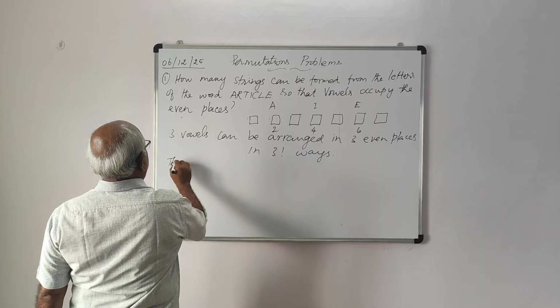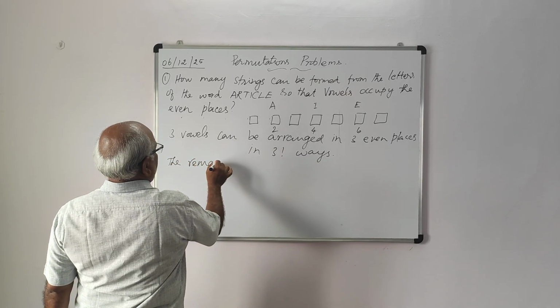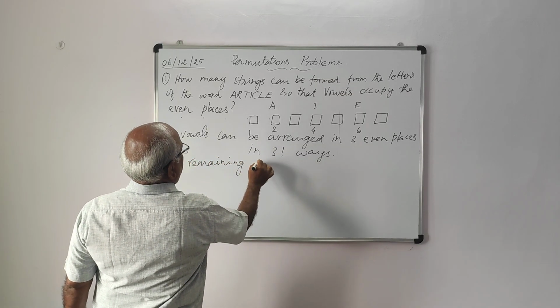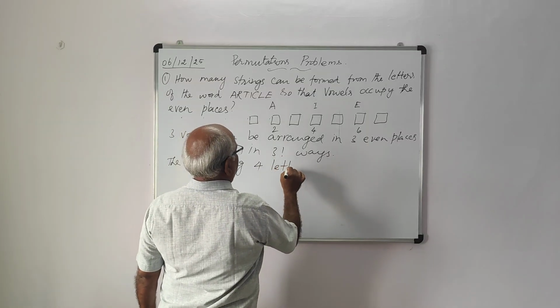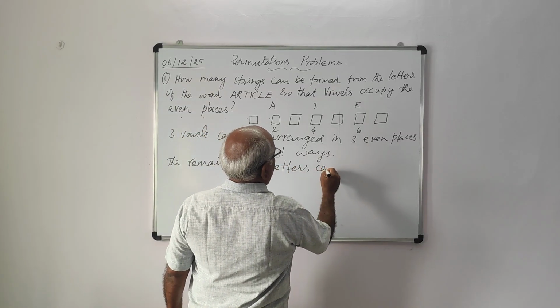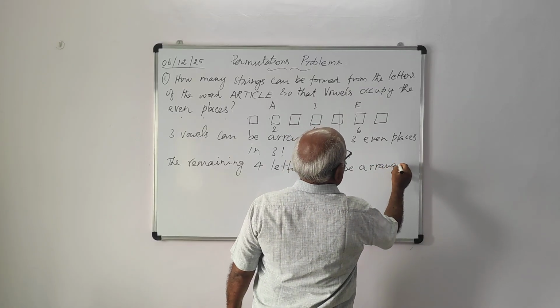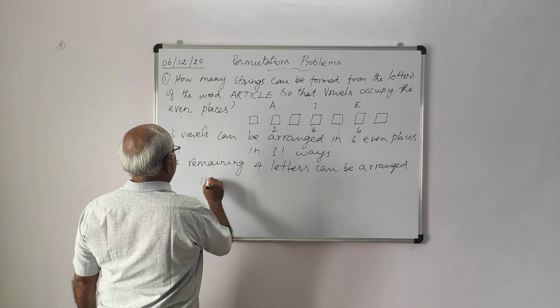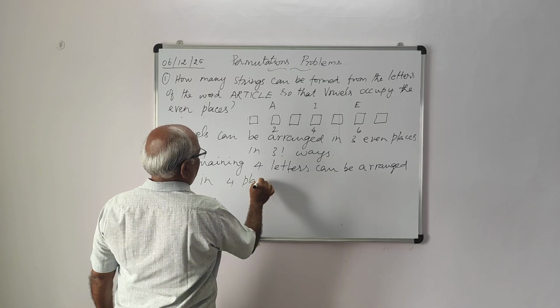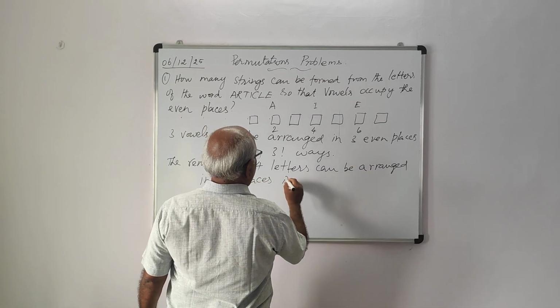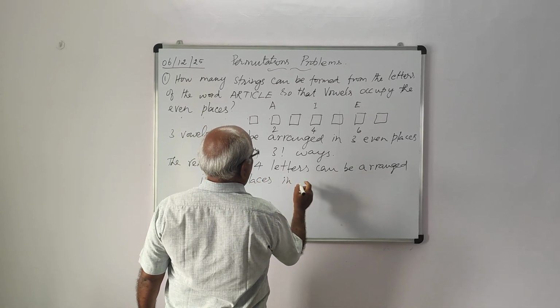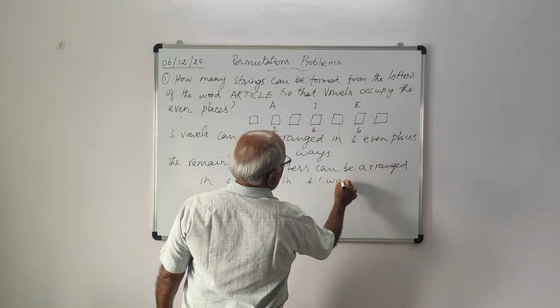The remaining 4 letters can be arranged in the remaining 4 places in 4 factorial ways.